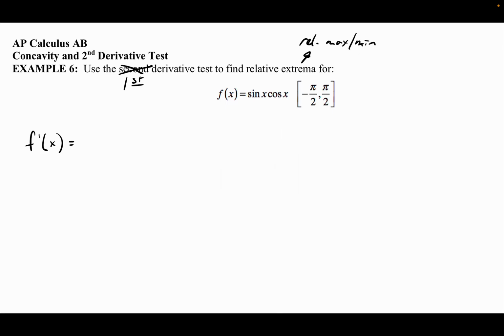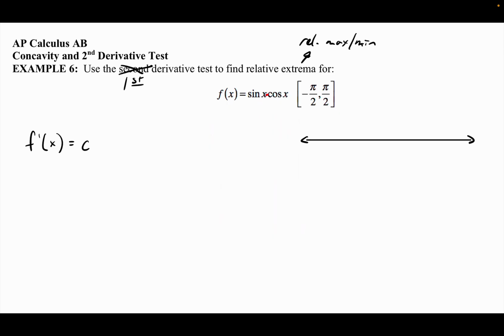First derivative, so find the first derivative. What's the first derivative going to be? So you're going to use the product rule.